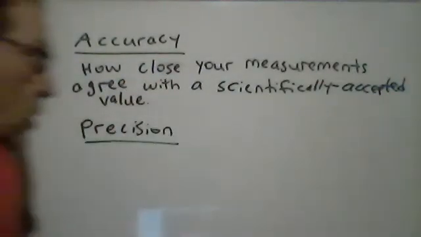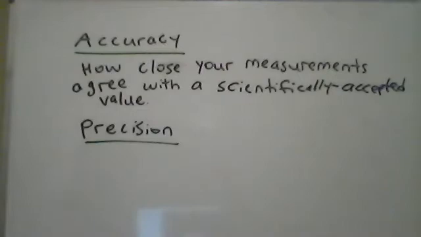If I'm trying to measure the acceleration of gravity, 9.80 meters per second squared, well, how close did I get? Let's say I got 9.75. How accurate is my measurement? If I'm trying to measure the speed of light, how close did I get? I'm comparing with something that the scientific community has accepted as truth.